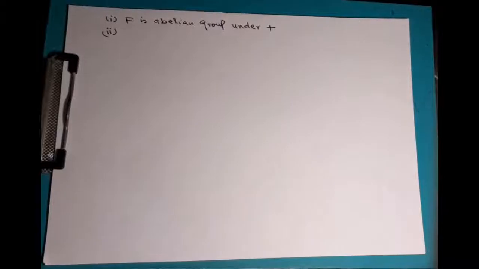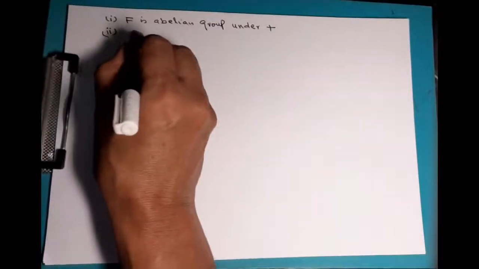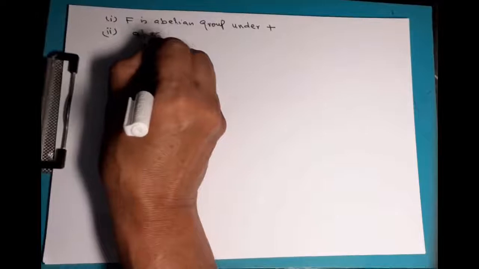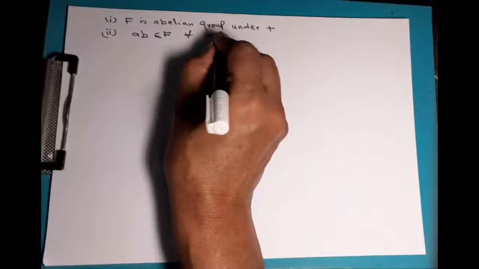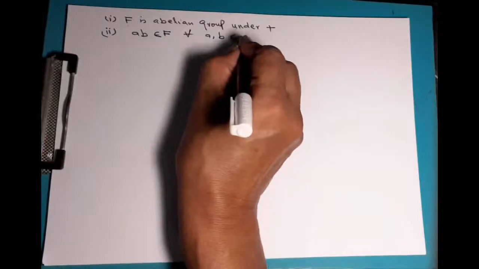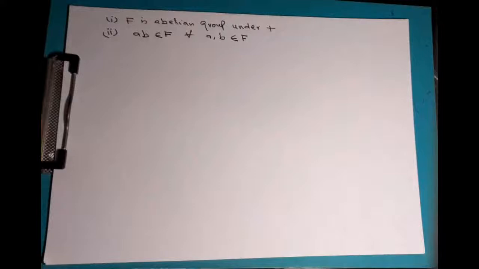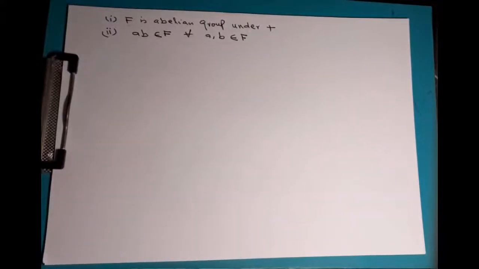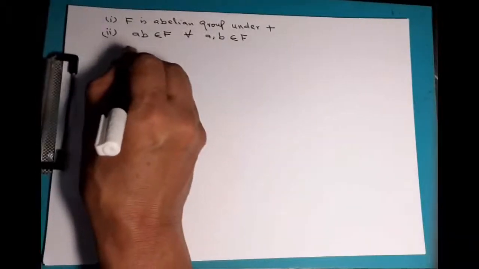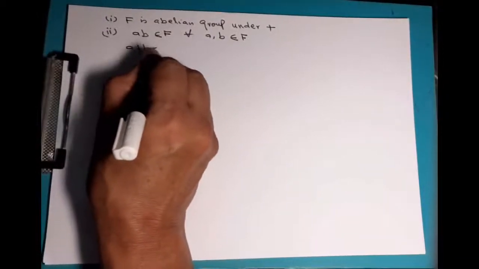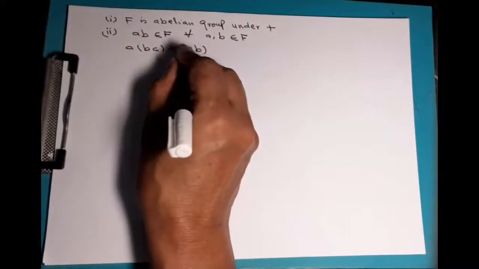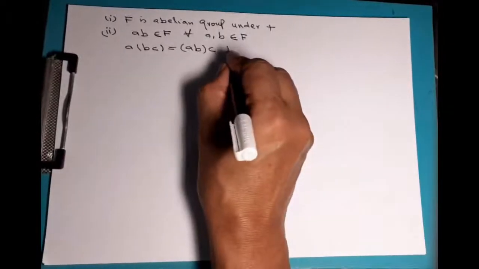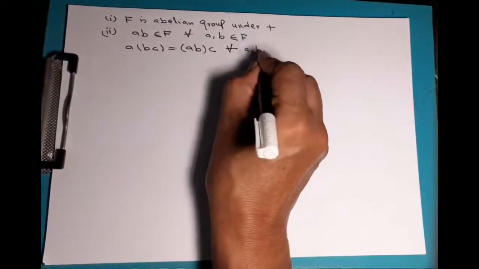So this is the way we will say it. ab belongs to F for all a, b belonging to F. So this is the first condition for multiplication. Secondly, multiplication has to be associative, and that is a multiplied with product of b and c is equal to product of a and b multiplied with c, and this is again for all a, b, c belonging to F.